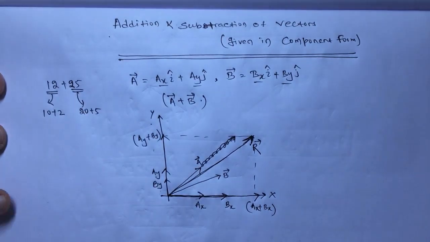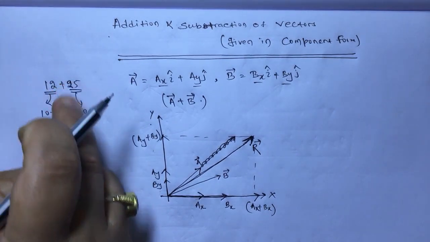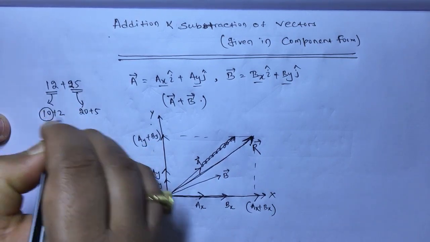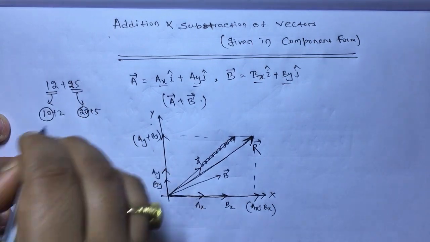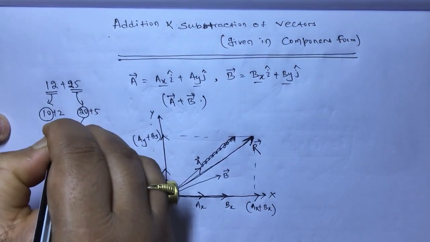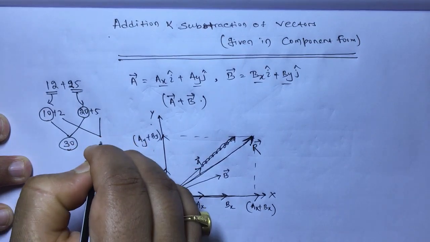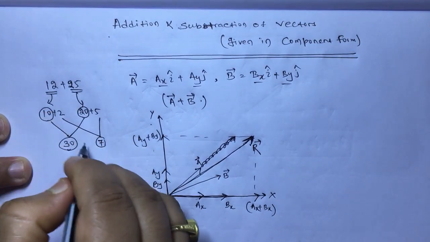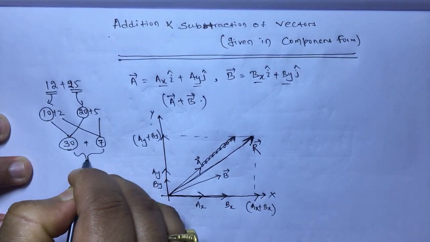For simplification of addition, I have written it like this. Now I add these two simple numbers and write the answer as 30. Again I add these two numbers and write 7. Now 30 plus 7 will give you the answer as 37.